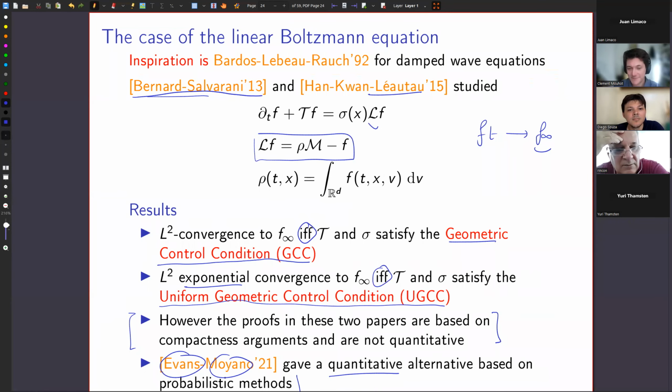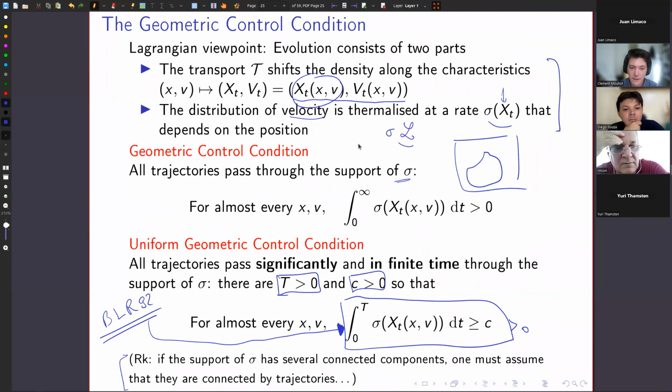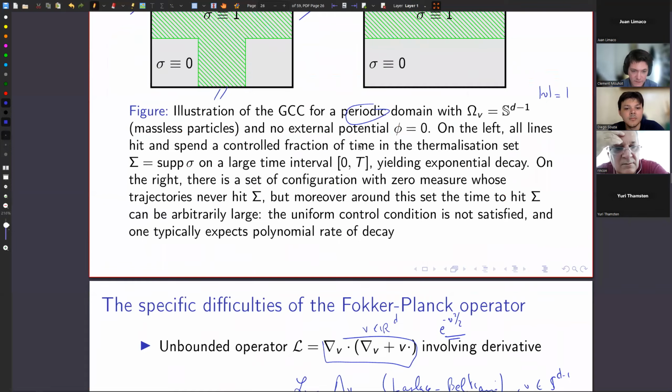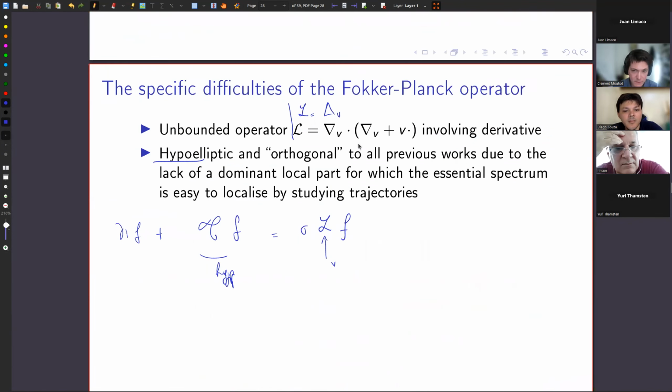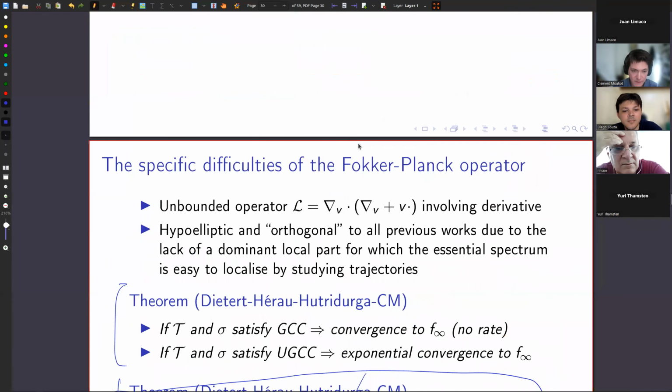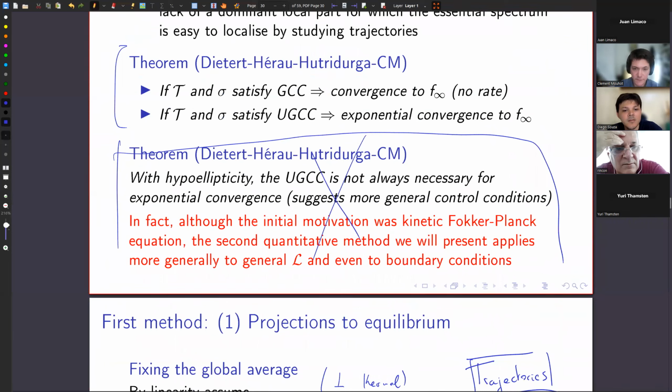Now, in the Fokker-Planck case, actually, your question is related to the part I skipped. Now, if the right-hand side is Fokker-Planck, which means you introduce hypoellipticity in your PDE. Where is it? Yes, sorry, it's our second theorem that I had crossed. Things become more complicated.